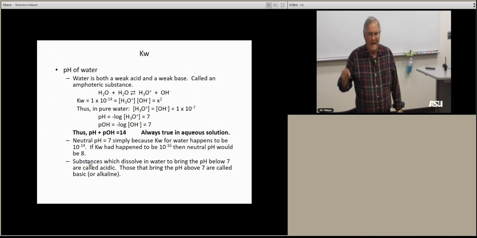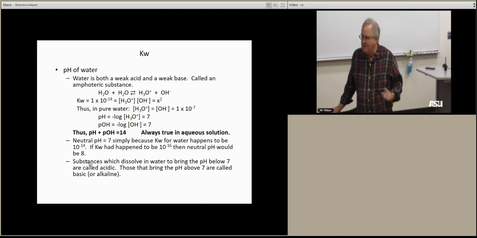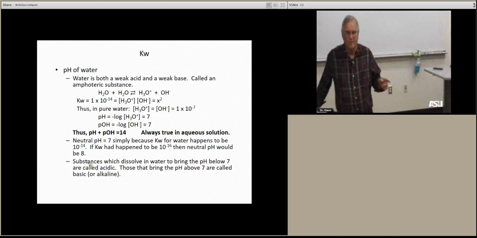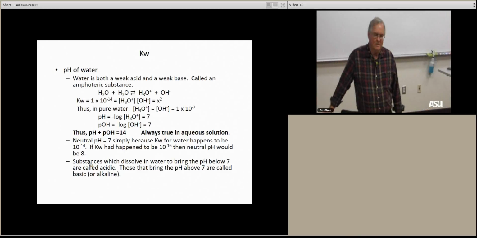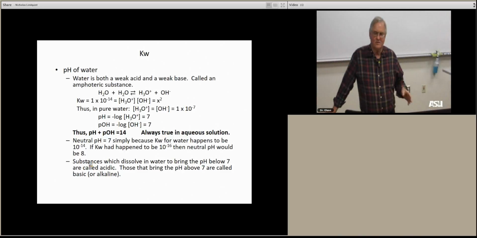So K is equal to the concentration of H3O+ times the concentration of hydroxide. Now we give this particular K a special name. We call it Kw. That's the dissociation constant for water, and it is 1 × 10⁻14. It didn't have to be. It just so happens that the equilibrium constant for water is 1 × 10⁻14. Okay?